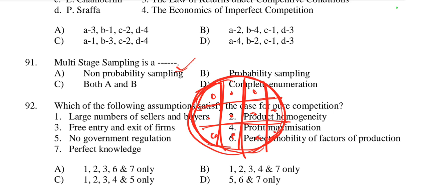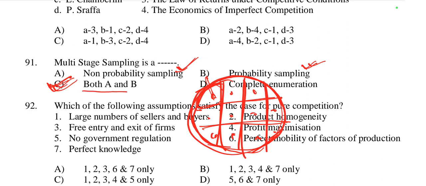Then from that particular group, when we choose the sample, we can use probability sampling. So first, in multi-stage sampling, when we divide the population, we use non-probability sampling. Then in the second process, we use probability sampling. So in multi-stage sampling, we use both non-probability and probability sampling.